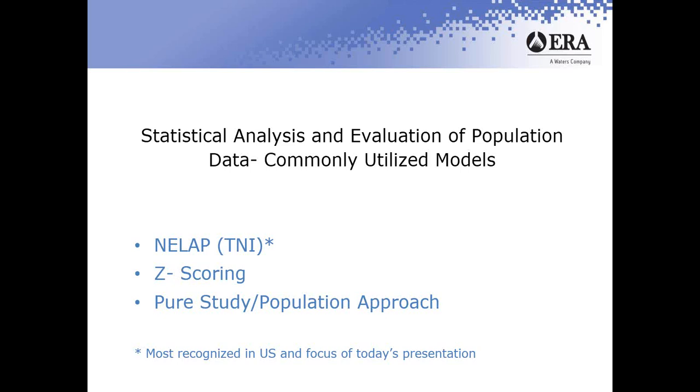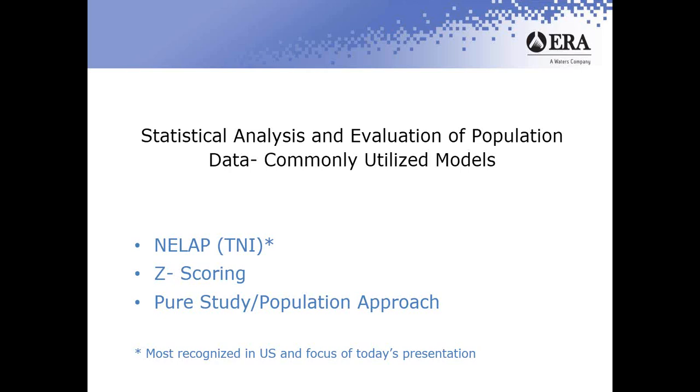Okay, let's start off with statistical analysis and evaluation of population data sets, some of the more commonly utilized models. The most common model utilized in the U.S. and the one we'll be talking about primarily today is NELAP, or the NELAC Institute T&I method or approach. There's also Z-scoring, and there's also pure study and population data approach.